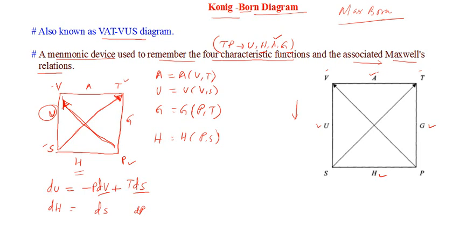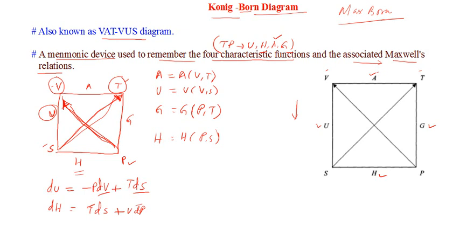With the S it will be T, and with the P it will be V. So T dS and V dP. See, T is in the top and V is in the top, so both the T dS term and the V dP term will be both positive. So plus.